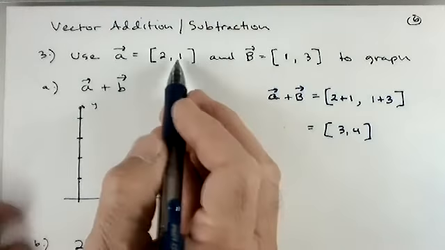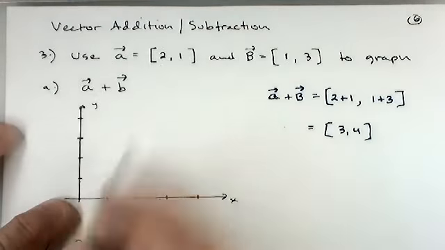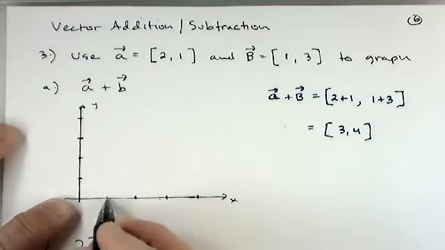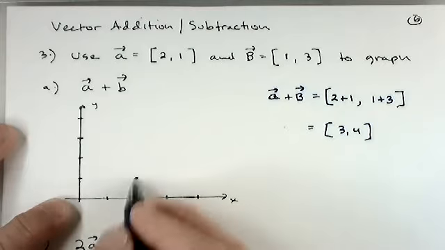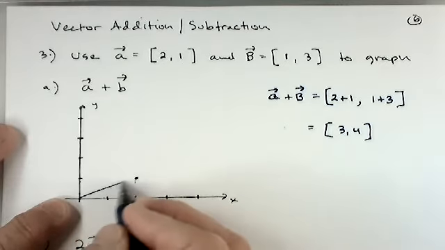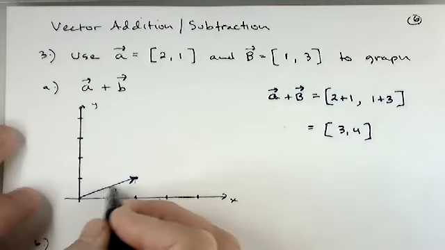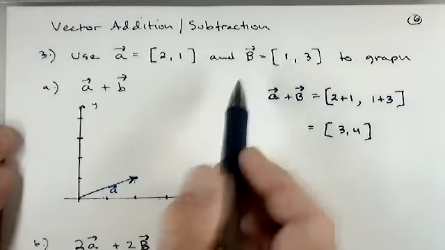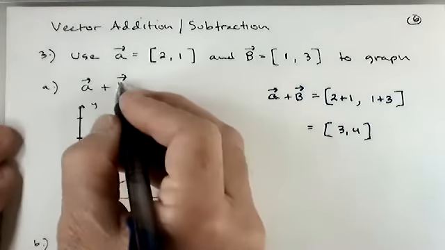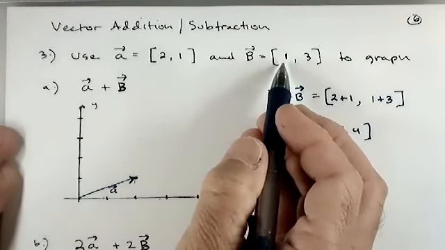What's going on graphically, though, is if we plotted vector A, let's start from the origin, that vector goes 2 units in the X direction, 1 unit up, 2, 1. So here's vector A, if I plot it from the origin. And then if I want to add vector B to that, looks like I used uppercase B, so I'll make this an uppercase B, which is the vector 1, 3.